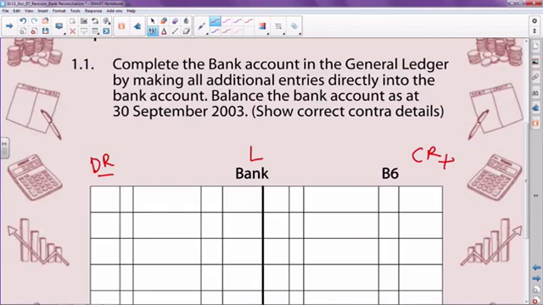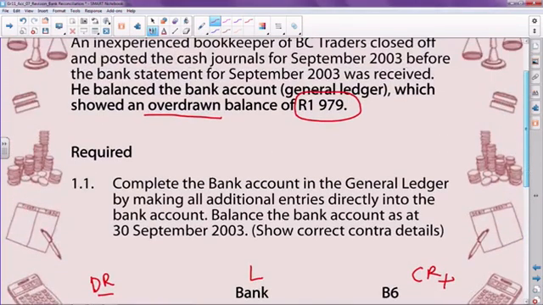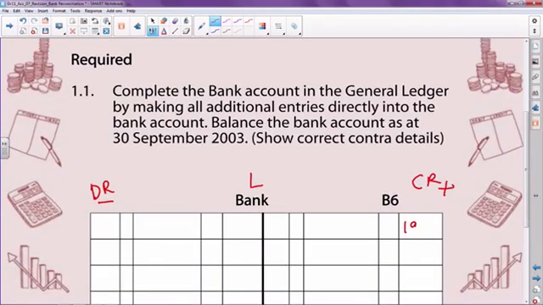So I'm going to start off by bringing down the balance before the additional entries are made. So the balance of 1,979, obviously on the credit side because it's a liability, you should know this.